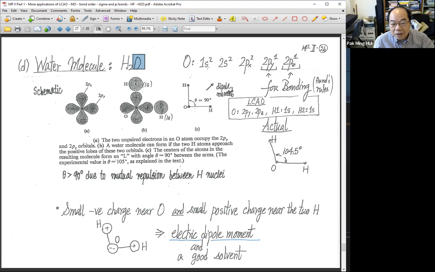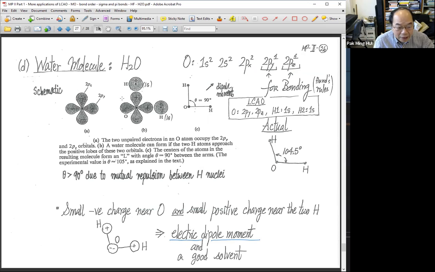Oxygen, the electronic configuration is 1s2, 2s2, so filled, they are not going to do anything chemically, and then you will have 4 more electrons. According to Hund's rule, one of the p states must be filled, and then there will be one lonely electron. I put it in py, another in pz. It doesn't matter which one you call it, okay?